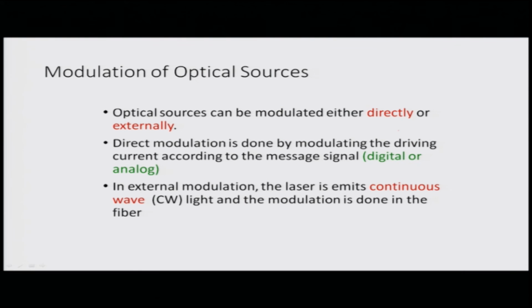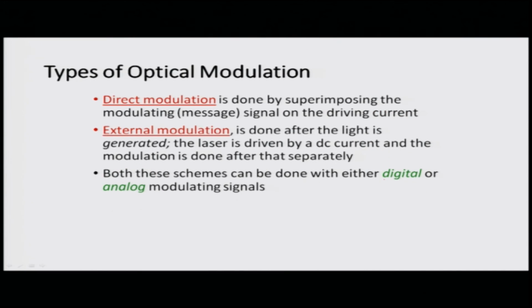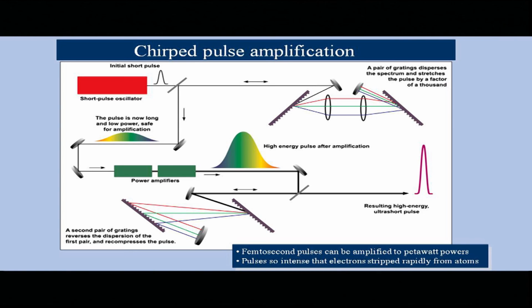We mentioned modulation directly or externally by using different principles, and a typical external modulation was to use CW laser light and modulate it, which is also done in fibers and other kinds of optical sources. The femtosecond lasers thus amplified can be taken to petawatt powers, which can be so intense that they can strip electrons rapidly from atoms.